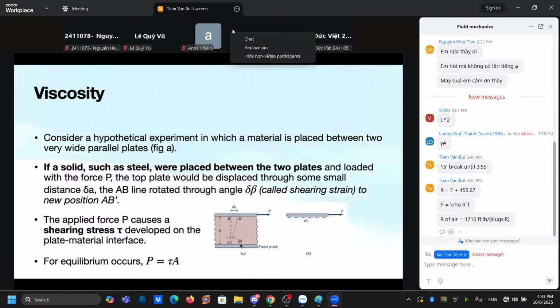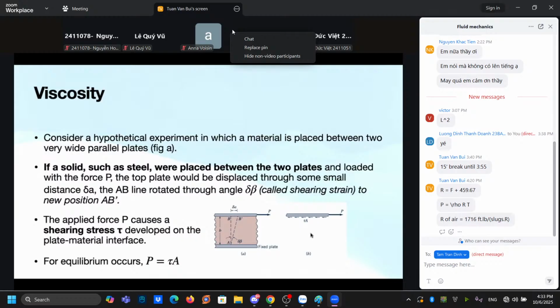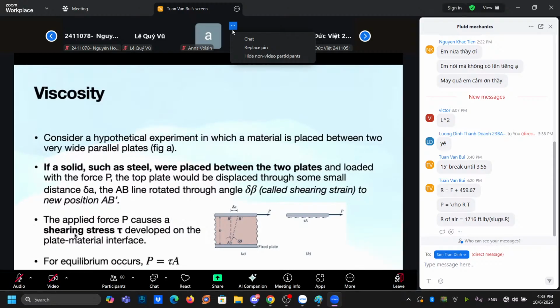That is, if shearing stress is applied to a fluid, it will deform continuously, as we saw at the very beginning of our lecture. The applied force per area we call the shearing stress, tau.